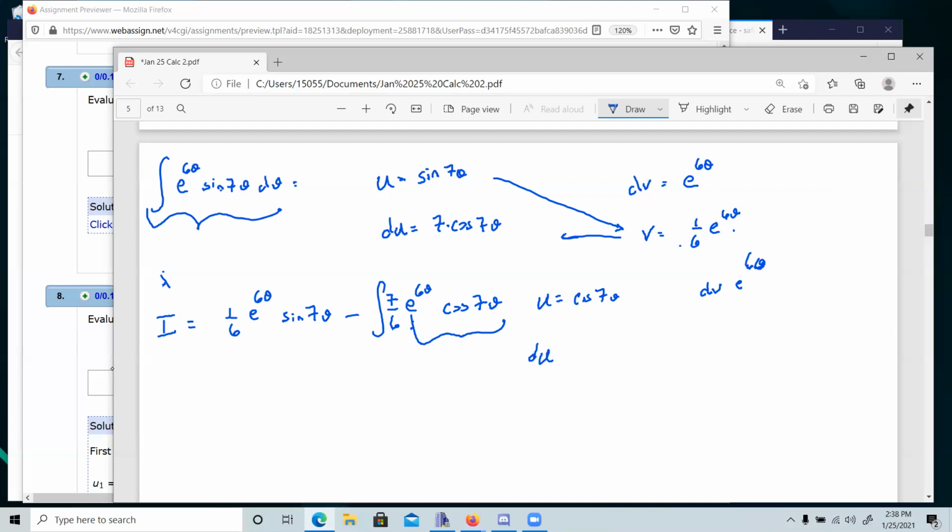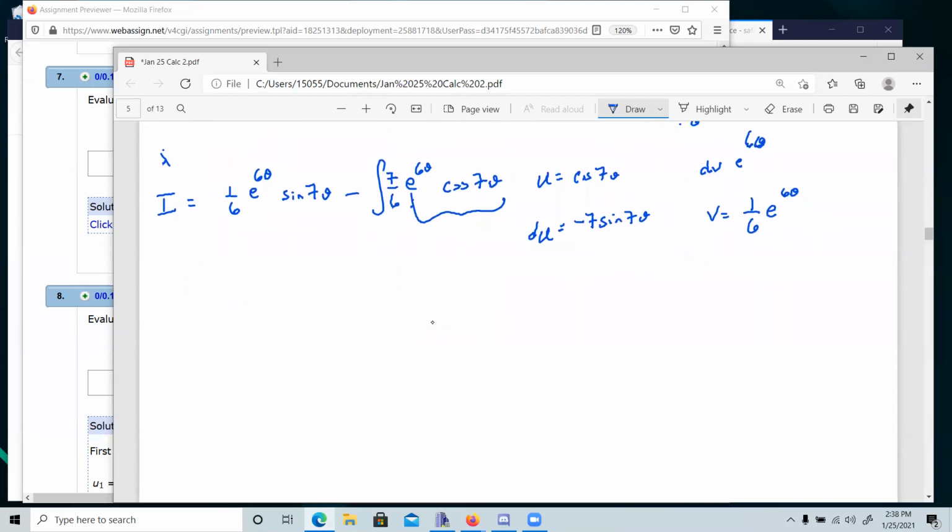Okay, take the derivative of cosine. The derivative of cosine is negative sine, so du is negative 7 sine 7 theta. And then of course v here is 1/6 e to the 6 theta. So going through this again, we have I equals 1/6 e to the 6 theta sine 7 theta minus, however you want to keep track of your sign, that's fine.